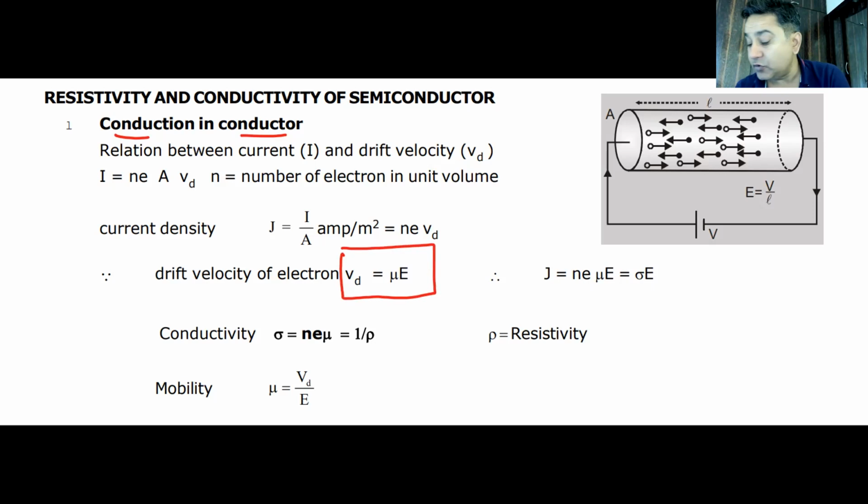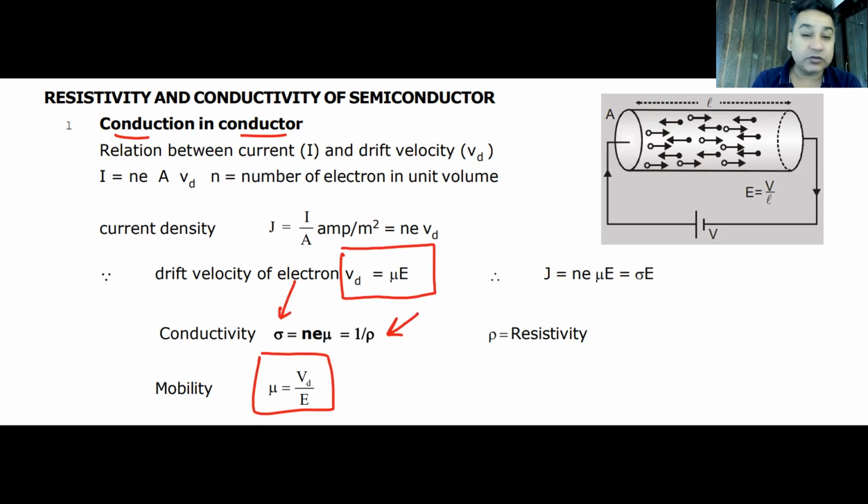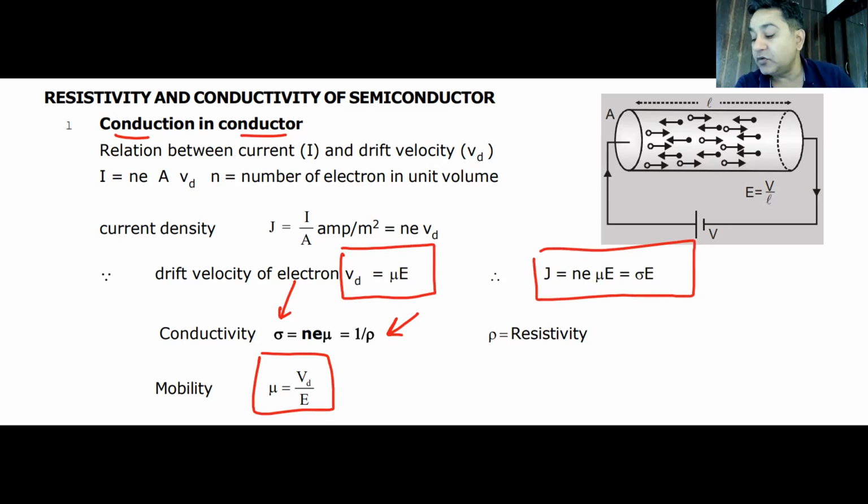Drift velocity is mu, which is mobility, multiplied by E. Yes or no? Conductivity sigma is 1 by rho, where rho is the resistivity. Yes or no? J, which is the current density, is sigma multiplied by E, which is Ne into mu into E.